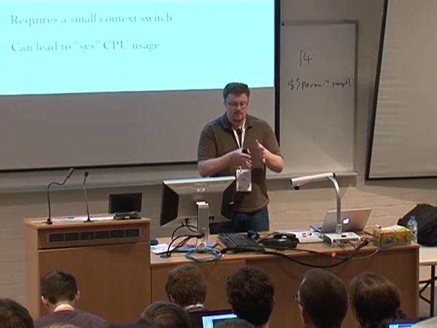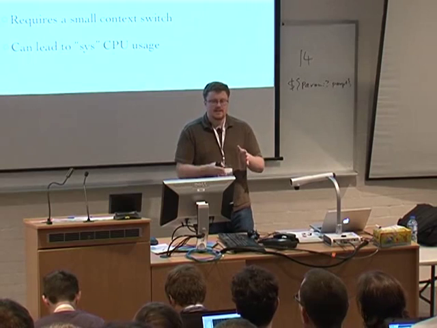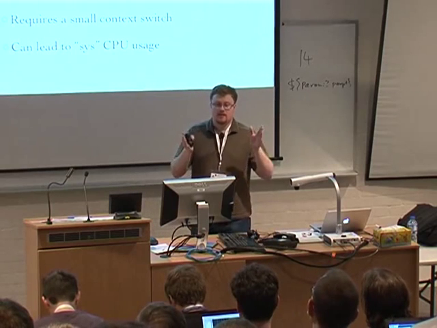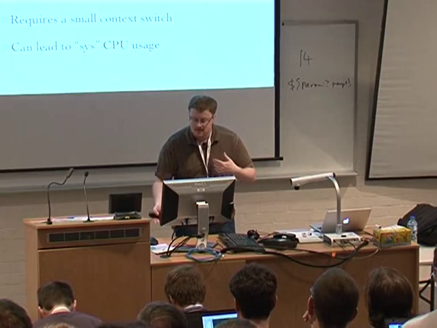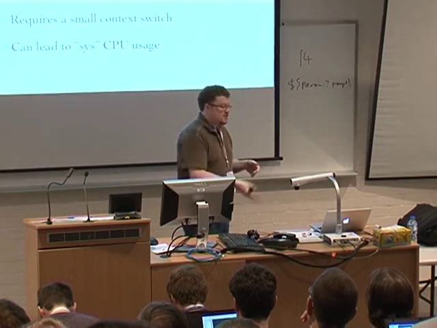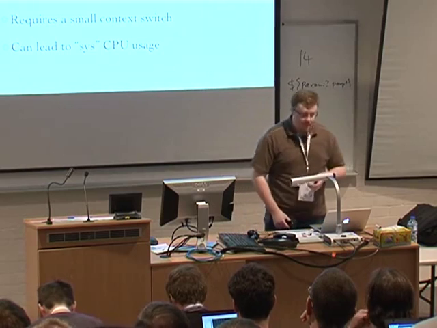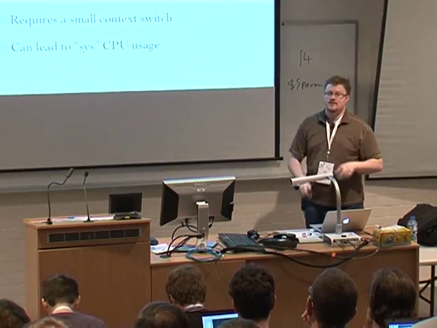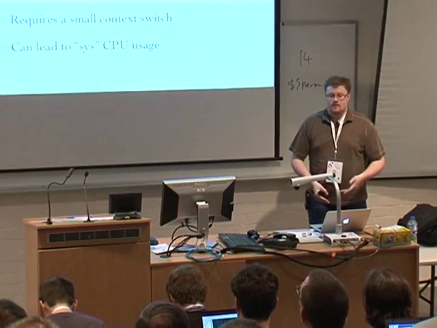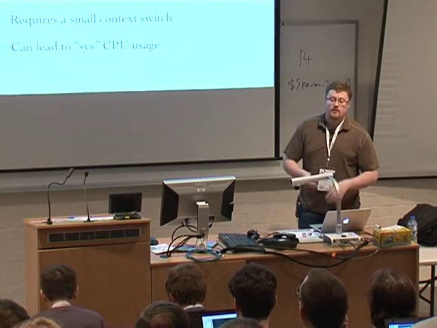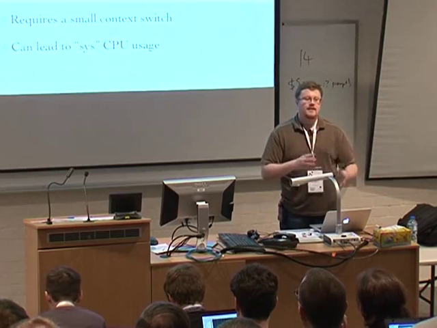A kernel call is pretty easy, but you are now in system time. The kernel takes over. It does whatever work it needs to do to serve your request, and then it switches back to your application. So this is what leads to system CPU usage. If you see system is really high, it's doing a lot of kernel calls, or the kernel itself is doing a lot of work. It's kind of hard to tell.